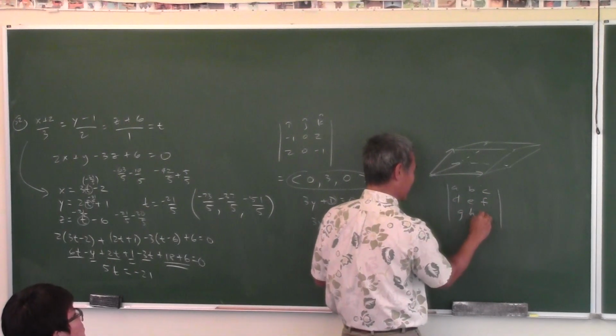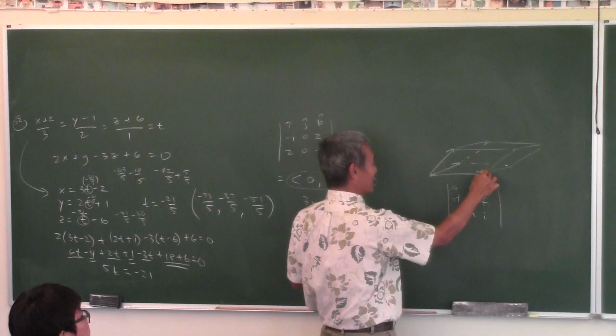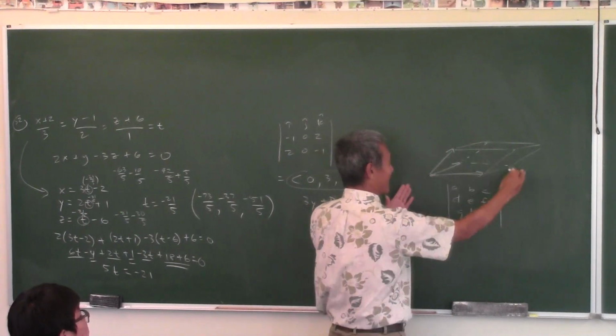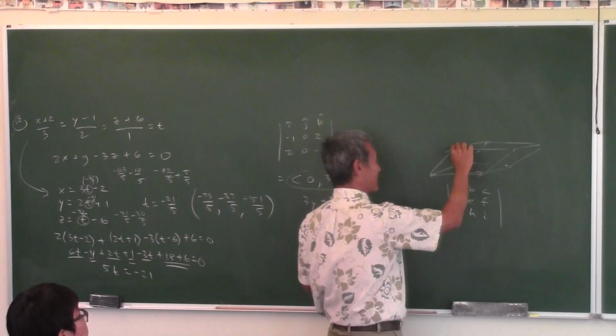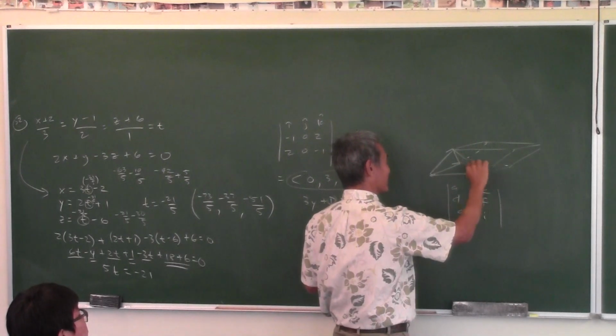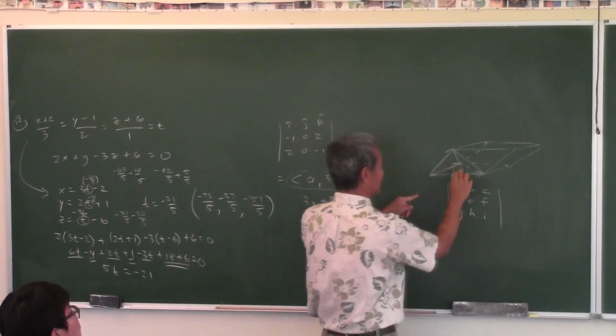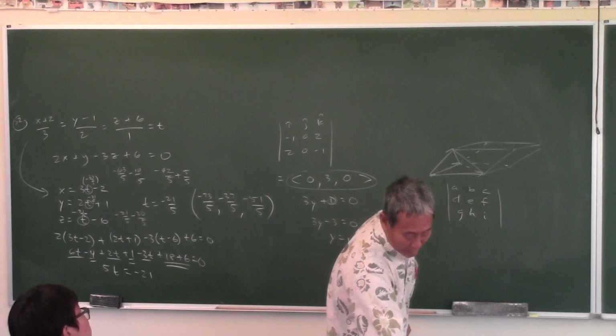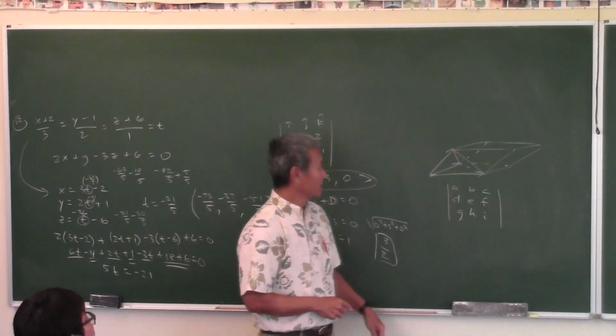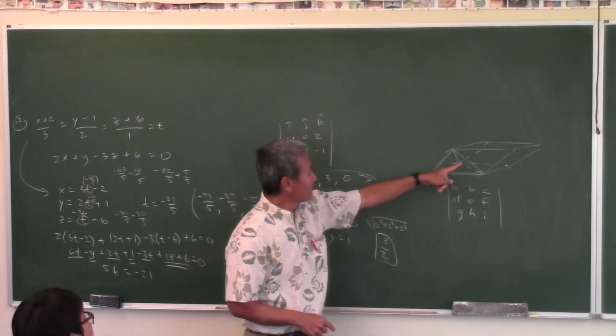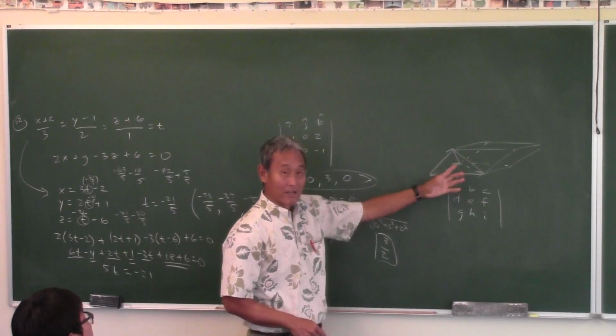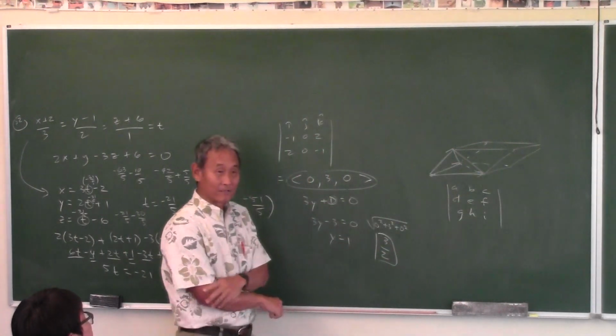What if I want to find the volume of just the tetrahedron, which is what you're doing in problem 33? What fraction of the parallelepiped is the tetrahedron?